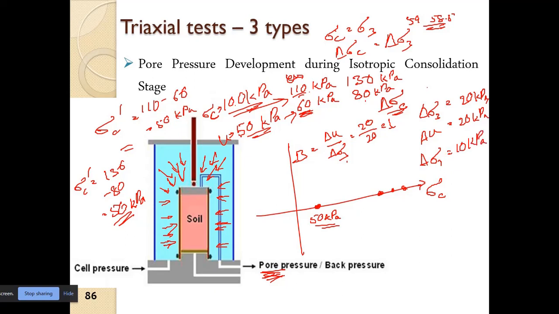Similarly, the pore water pressure change, delta U, is equal to 10 kPa. So ultimately again, B is equal to delta U by delta sigma 3, which is 10 by 10, equal to 1.